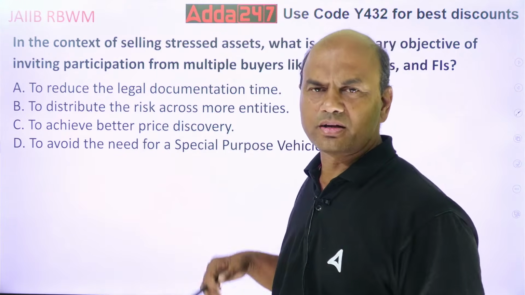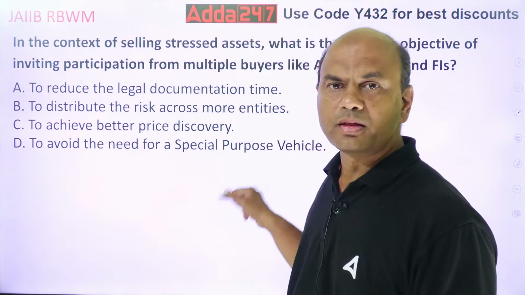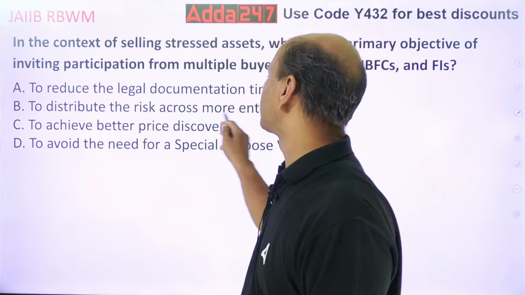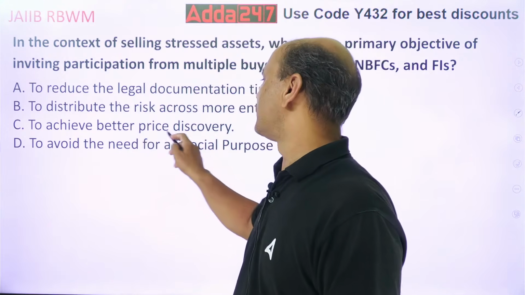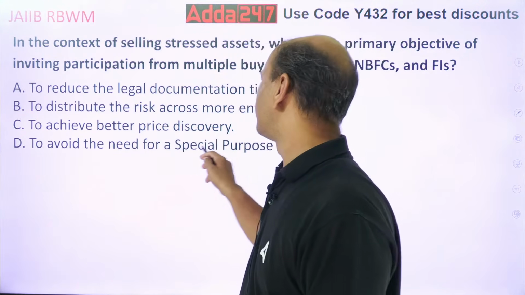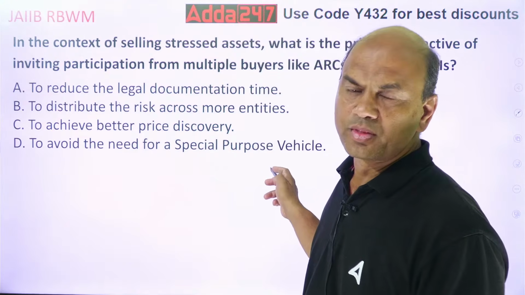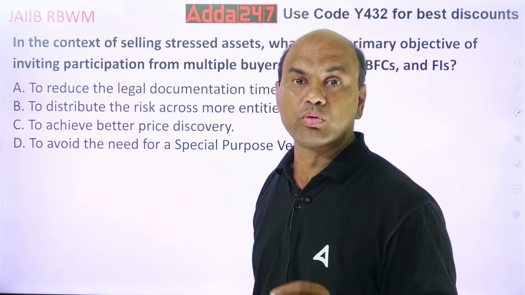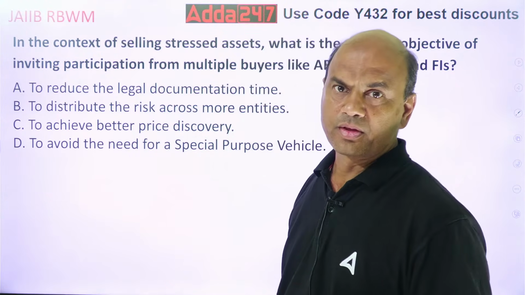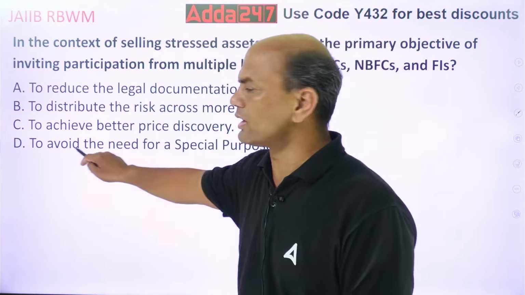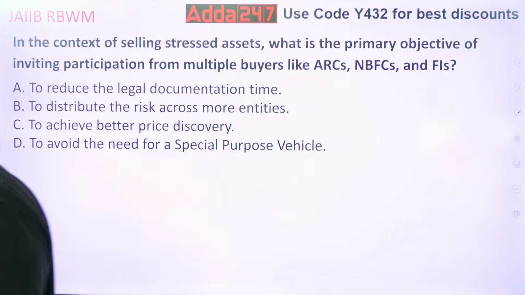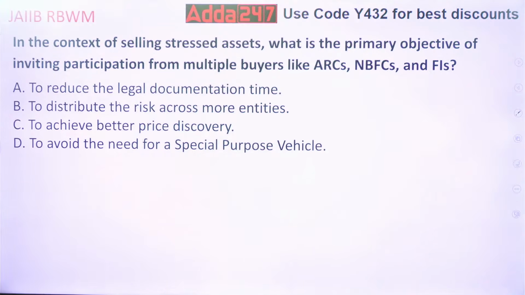Options: to reduce the legal documentation time, to distribute the risk across entities, to achieve better price discovery, to avoid the need for special purpose vehicle. What is SPV? Special purpose vehicle is that company to whom we sell the loans. So it is compulsory. You cannot avoid it. So what is the answer? Why do you invite all these companies?